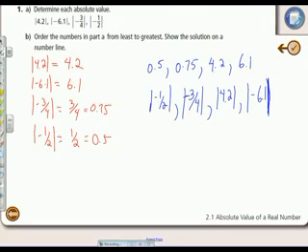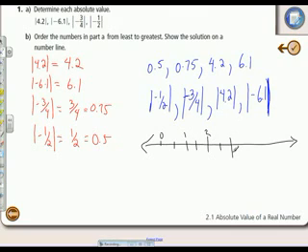Putting them onto a number line, we've got 0, no point in going into the negatives, so I'm going to start at 0, 1, 2, 3, 4, 5, 6, 7, and put them on there.